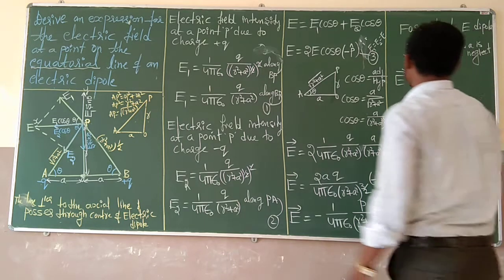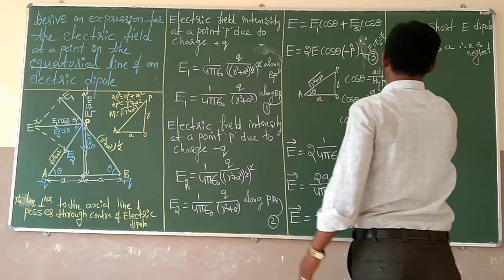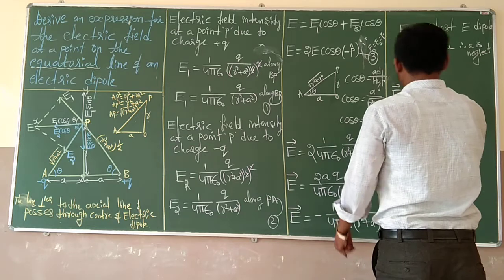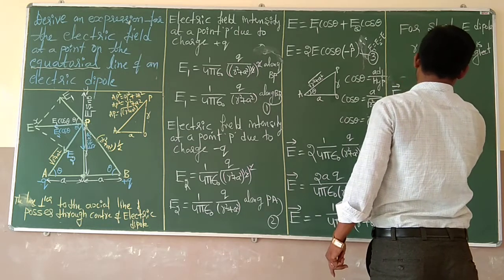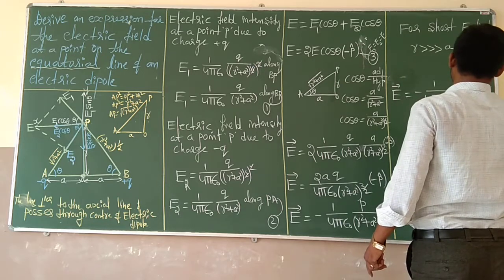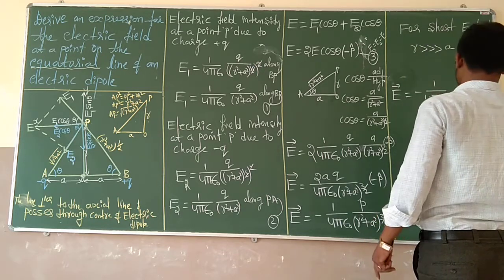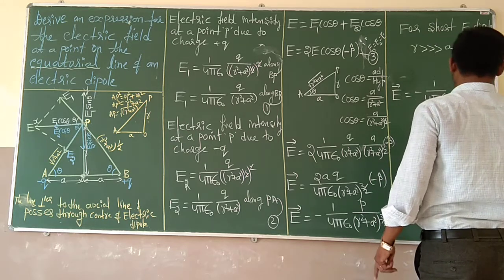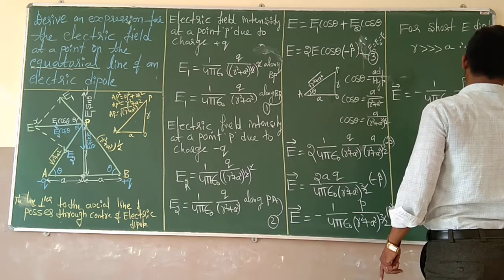We are neglecting it. When we neglect it, the equation becomes E vector is equal to minus 1 divided by 4 pi epsilon naught, P divided by (R square) whole to the power 3 by 2, into P cap.